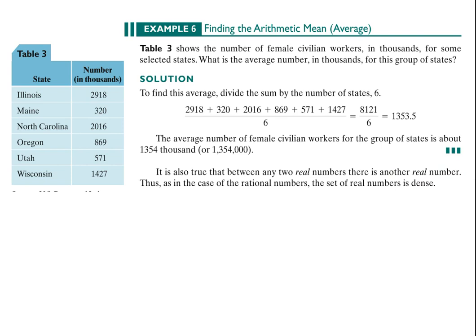Okay, another type of problem. We didn't illustrate this in our PowerPoint slides, but every once in a while we get one like this. And you want to find the arithmetic mean. Well, the arithmetic mean, and we'll just follow along with what they're showing us here.